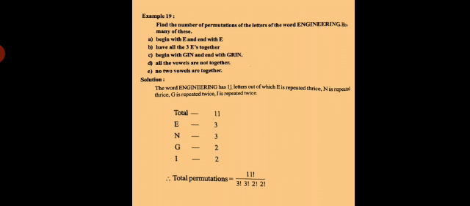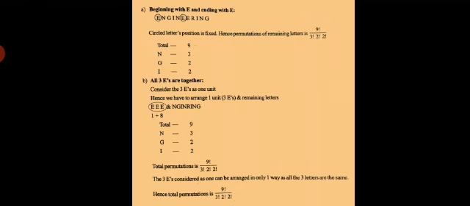Now let us see the first one from this same word: begin with E and end with E. Write down the word engineering and circle E and E. These two are the end positions, beginning as well as ending with E only.